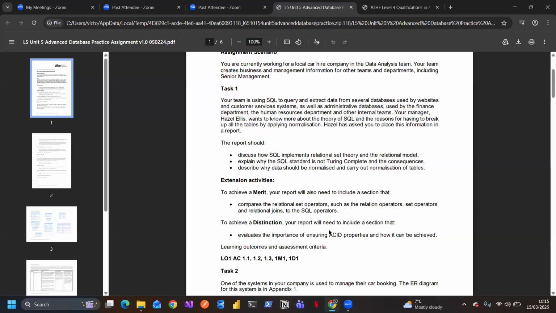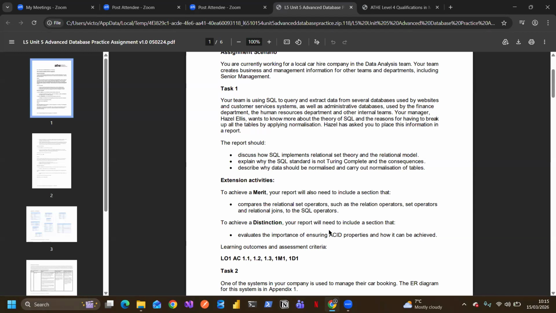Your manager, Hazel Ellis, wants to know more about the theory of SQL and the reason for having to break up all the tables by applying normalization. Hazel asked you to place the information in a report.